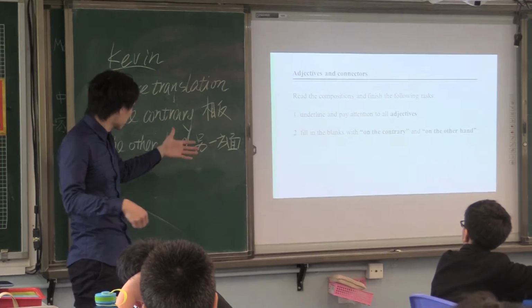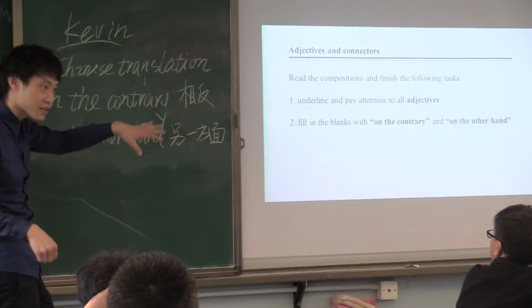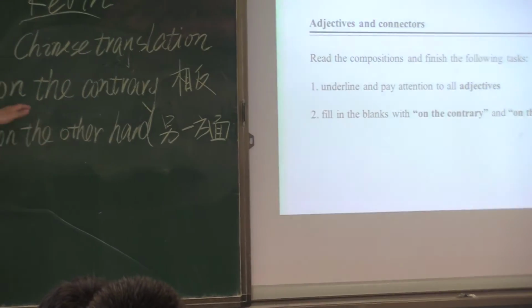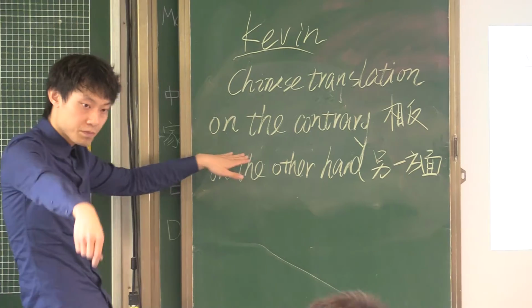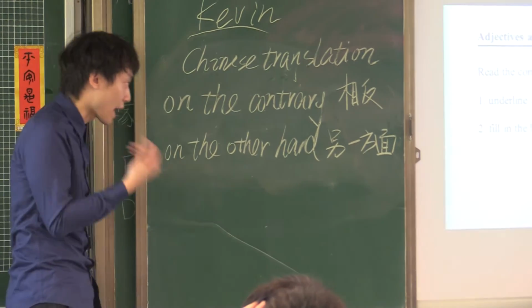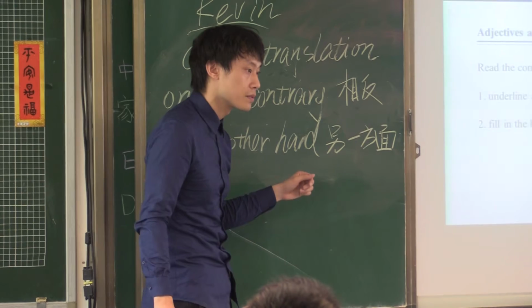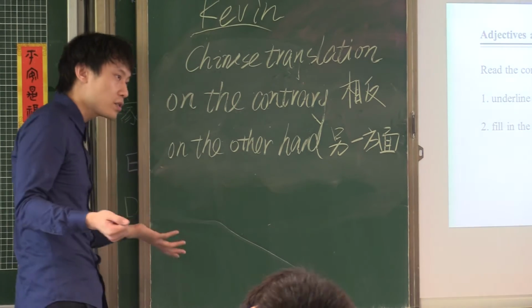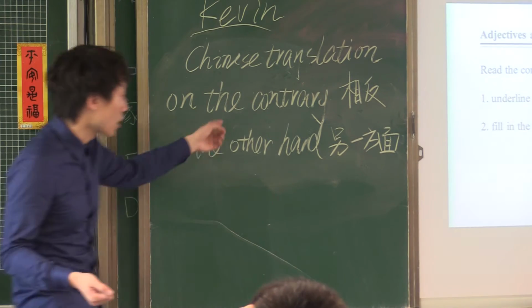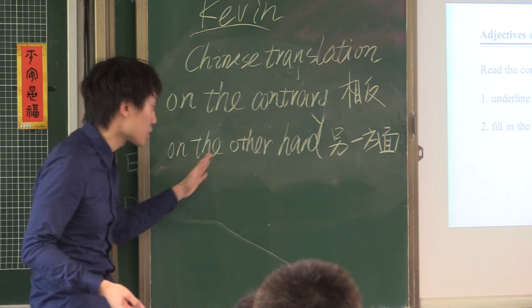But if you don't know the meanings, you can first put them on the blanks according to the translations. So where do you use on the contrary? Where do you use on the other hand?